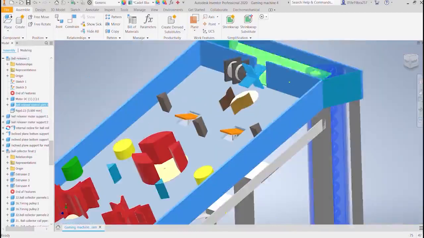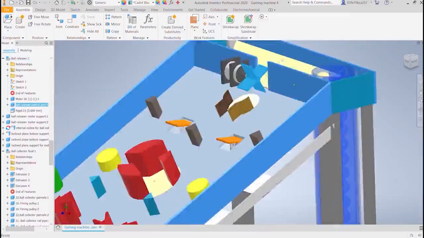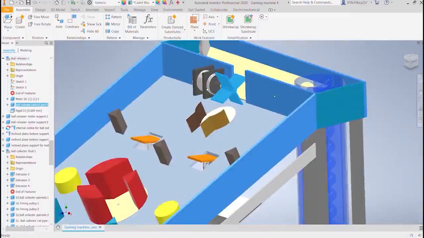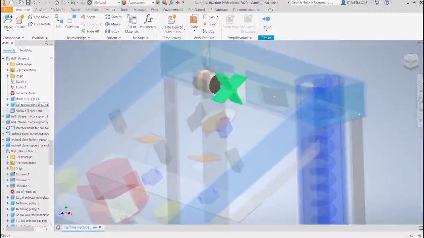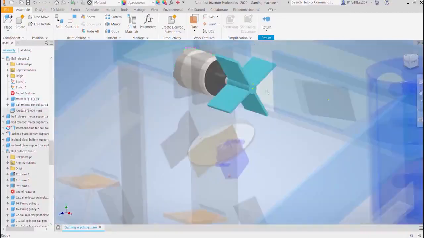First is the ball releasing unit. It consists of two major mechanisms. First is for releasing the balls, second is for directing the balls. The first major mechanism is a DC motor with a cross plate shape attached to its shaft, which is similar to a propeller. It releases the ball one by one.